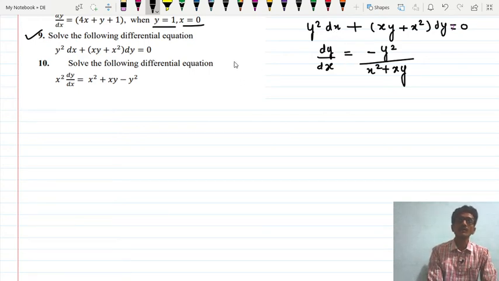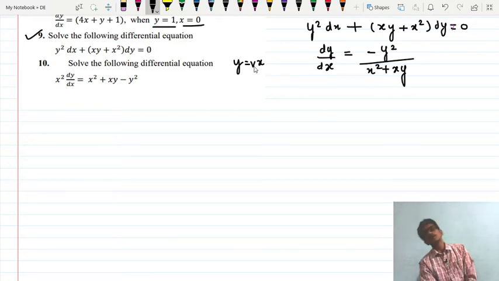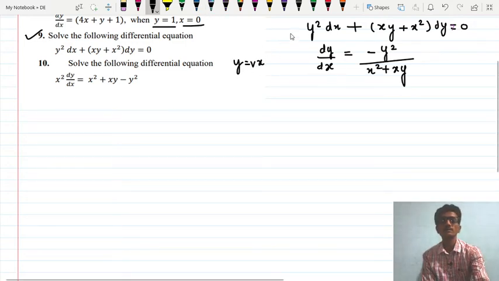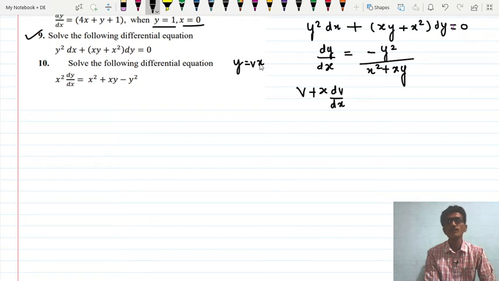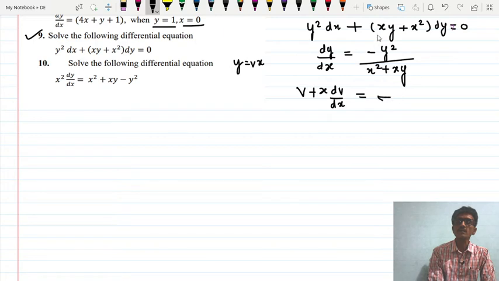Now we put y is equal to vx and dy by dx is equal to v plus x dv by dx. So v plus x into dv by dx is dy by dx. It is equal to minus y square, y is equal to vx, so v square x square upon x square plus x into y.